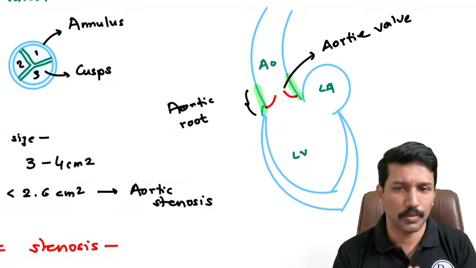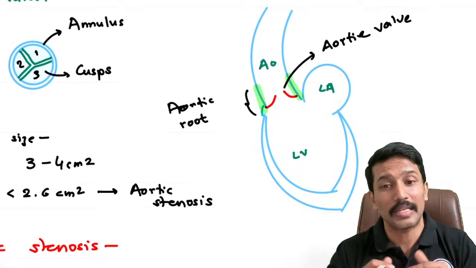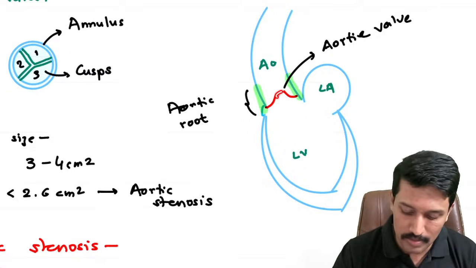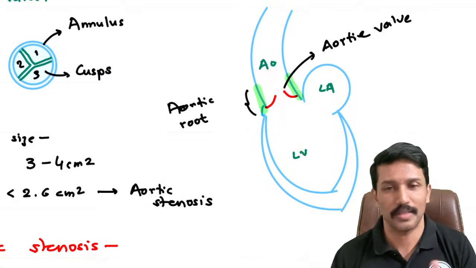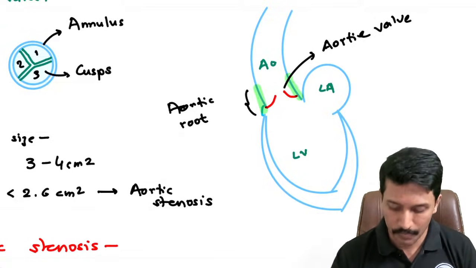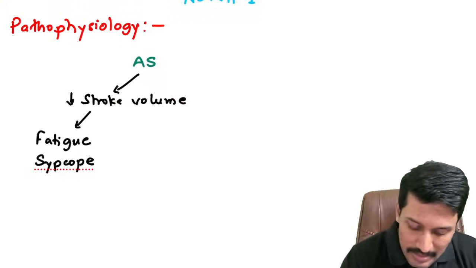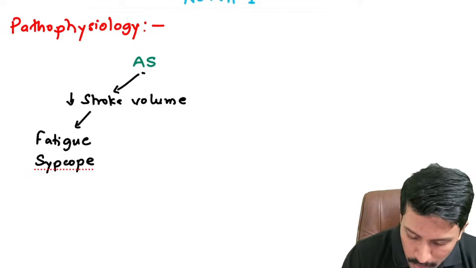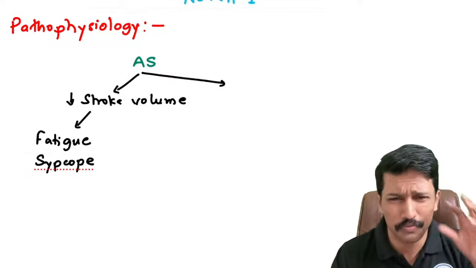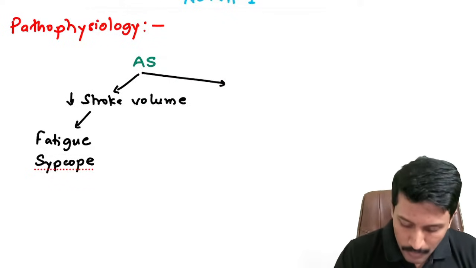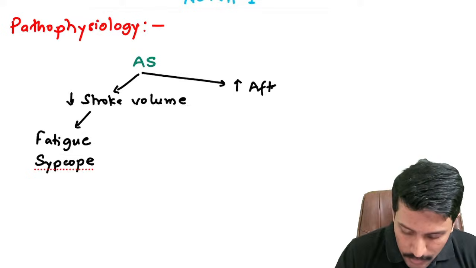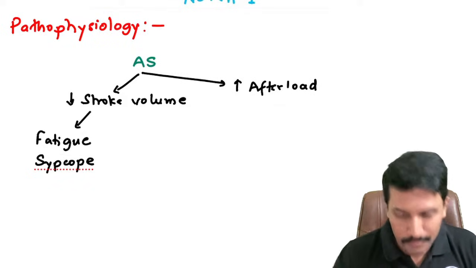So what is increased in aortic stenosis? We have an increase in the afterload, the resistance for the ejection of blood. So aortic stenosis leads to increased afterload. Now you may be thinking, why is sir stressing so many physiology terms? You will understand when we discuss a little more about the pathophysiology.